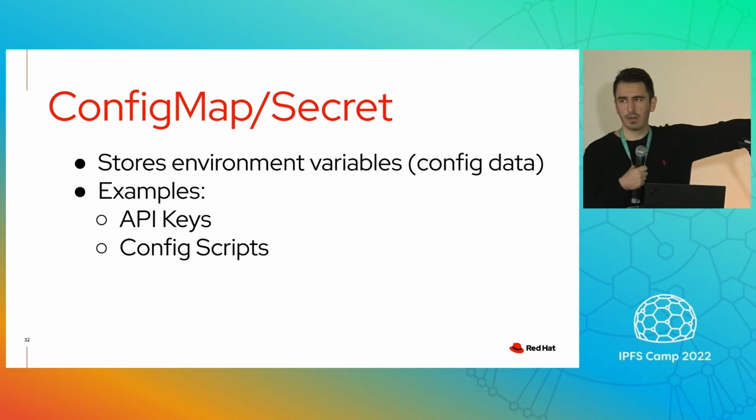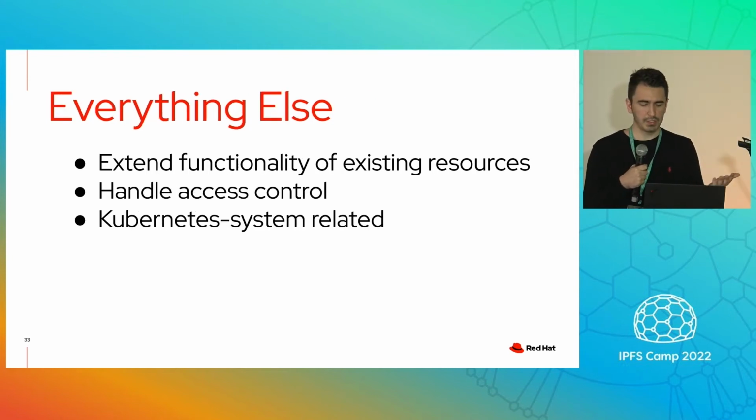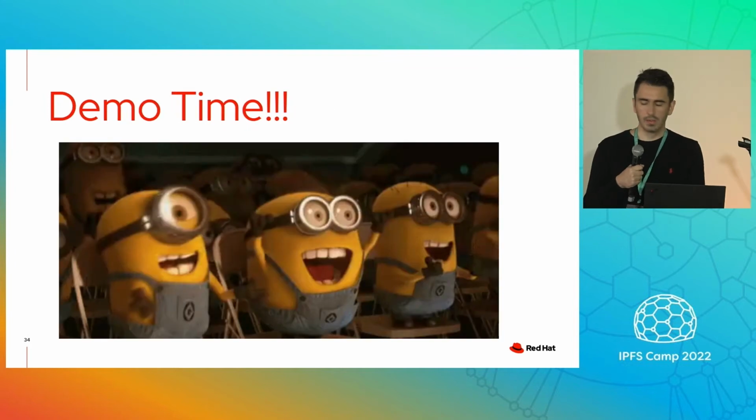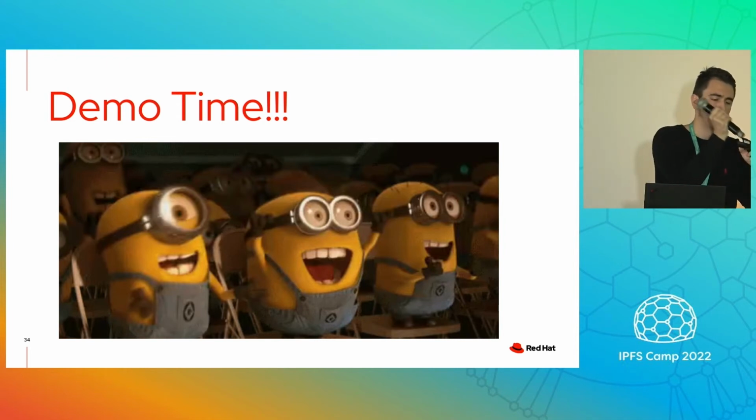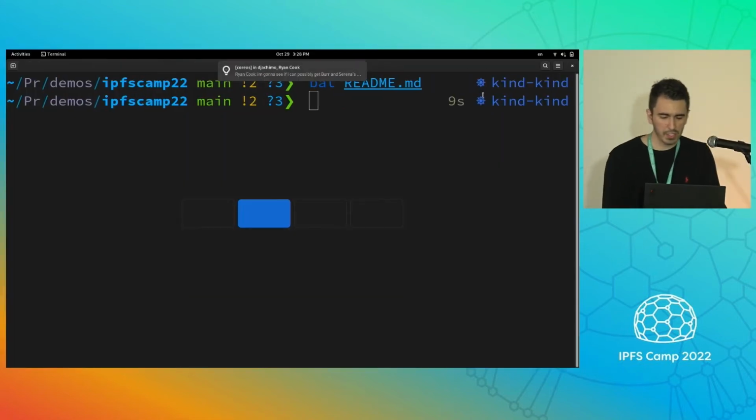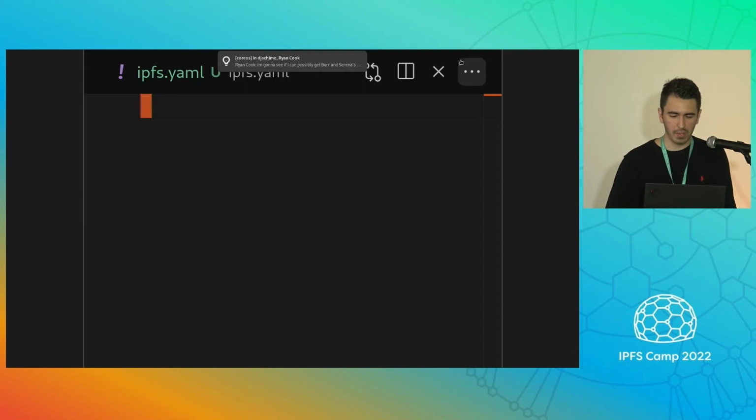So now that we've gotten all those out of the way, I'm going to show you how to basically put together a Kubo deployment in Kubernetes. All right, so we're going to go to our handy-dandy VS Code.